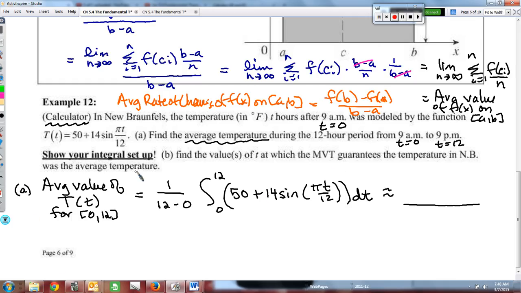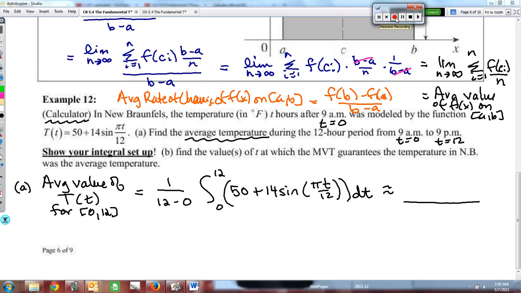Now we look at part B. Find the values of t for which the mean value theorem guarantees the temperature was the average temperature. Okay, so let's think about that for a second. What they're basically saying is that I'm going to find this average temperature.